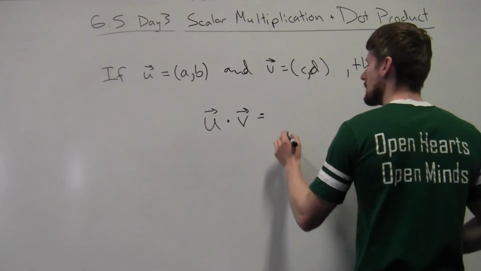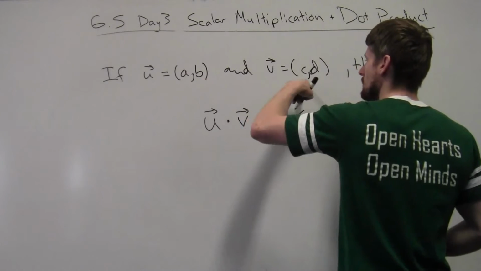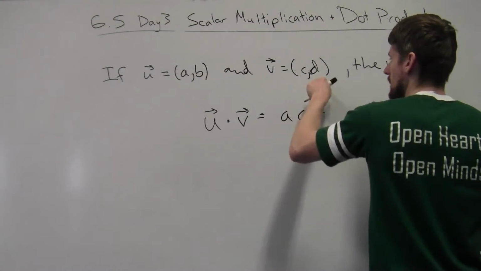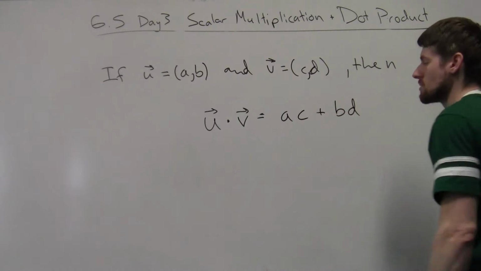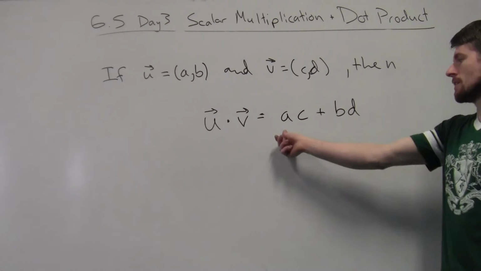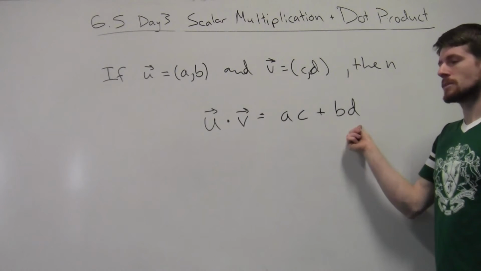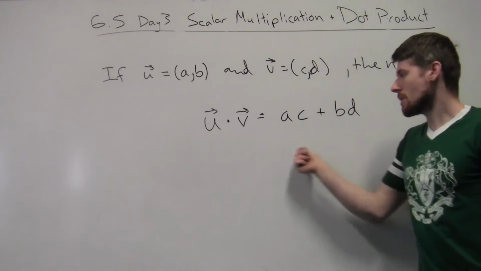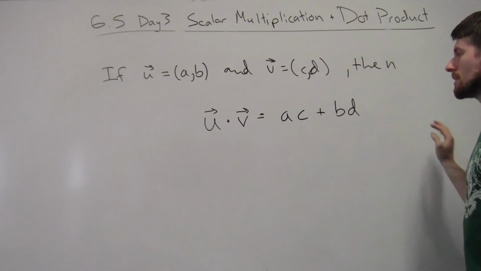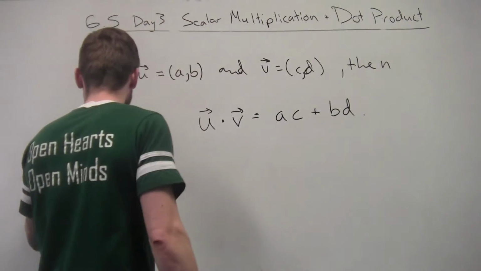Then u dot v is equal to AC, multiplying the first coordinates, and then multiplying the second coordinates and adding those two results together. And if you look at this, this is a number because it's a number times a number plus a number times a number. So the result of the dot product is not another vector, but instead just a number. So I'm going to write this to be very clear.